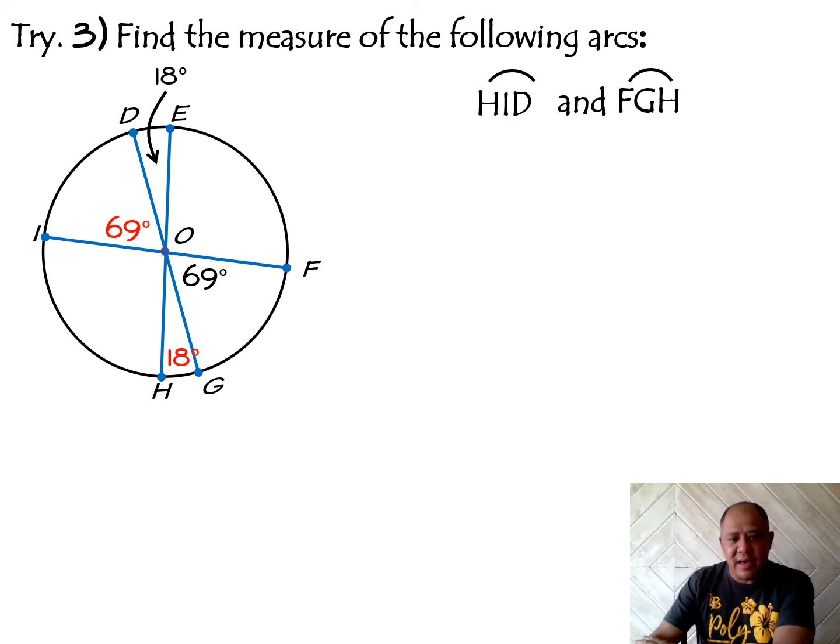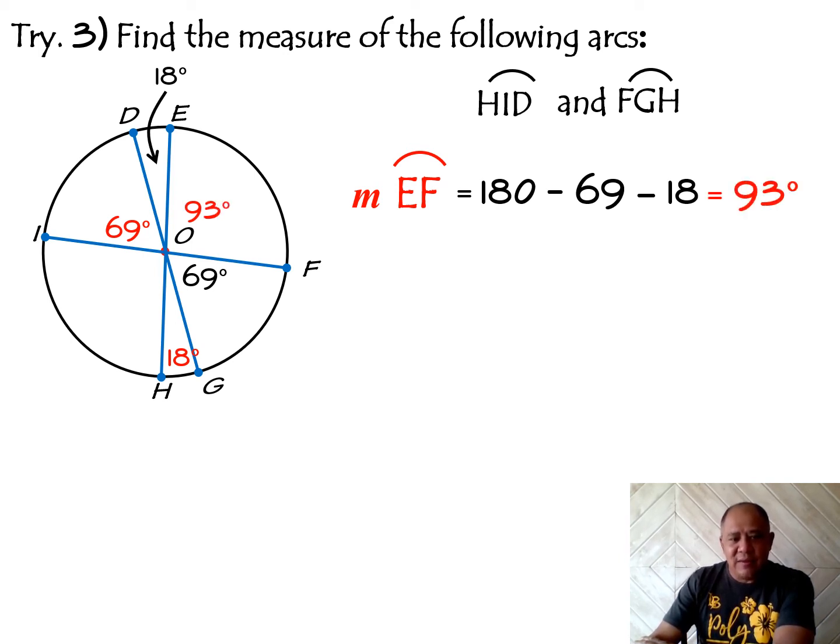So let's find EF. And again, notice that it forms half a circle, which is 180 degrees. A full circle is 360. So to find EF, you take 180, which is half the circle, minus 69, minus 18, and you get 93. So EF is 93. If EF is 93, HI is also 93.